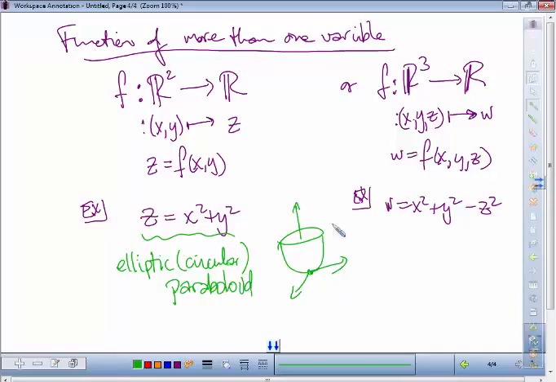So paraboloids, cones, hyperboloids, and spheres and stuff, those are basic shapes that you're going to need to be able to pull off the air. If you have an equation, you look at that and say, oh, that's a paraboloid. Or if somebody tells you to come up with a paraboloid, then you need to come up with an equation.